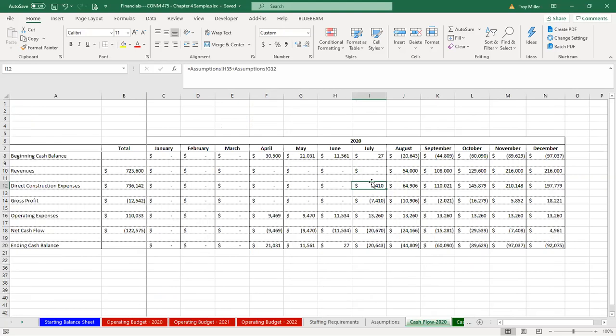And the reason I don't have more than that simply comes down to the contract, both the prime contract and the subcontracts that I'm working with. So even though I am spending money in July, remember, I am subcontracting on the direct costs. 90% of this work is being subcontracted.